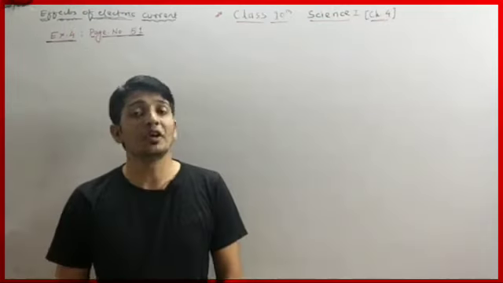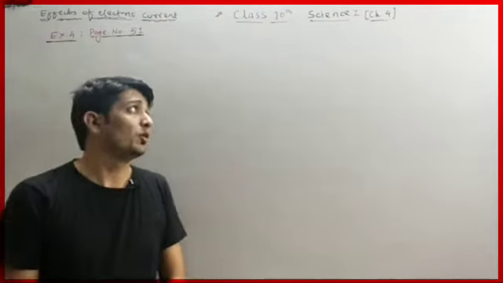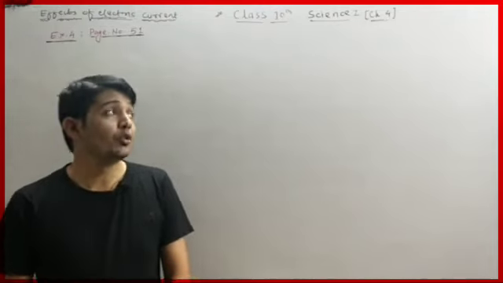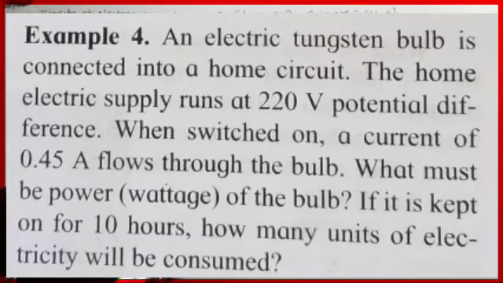So student, now we are going to solve the next problem. Okay, so the fourth example says an electric tungsten bulb is connected into a home circuit. The home circuit supply runs at 220 volt of potential difference.